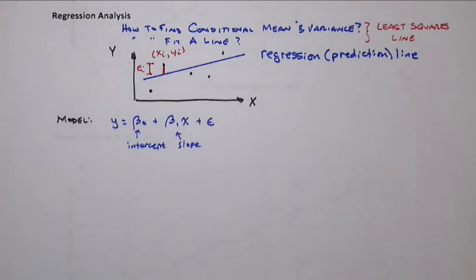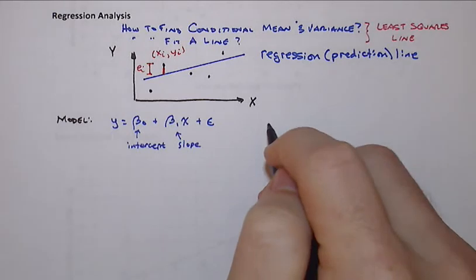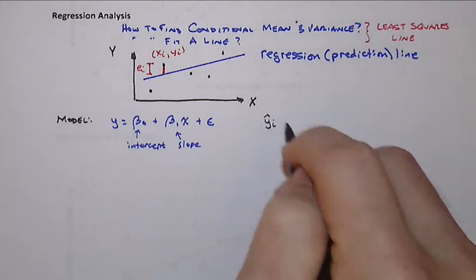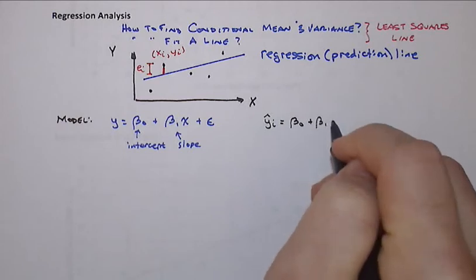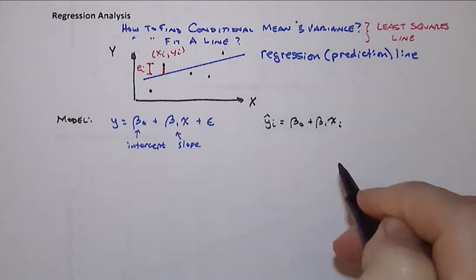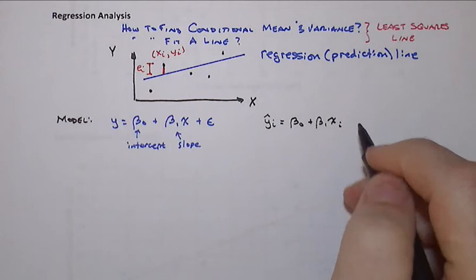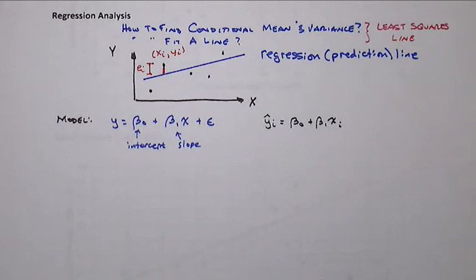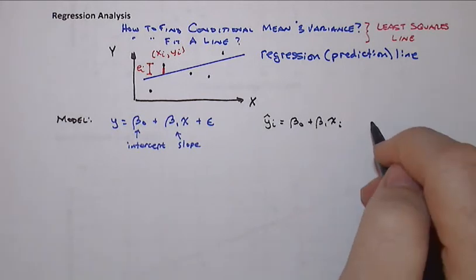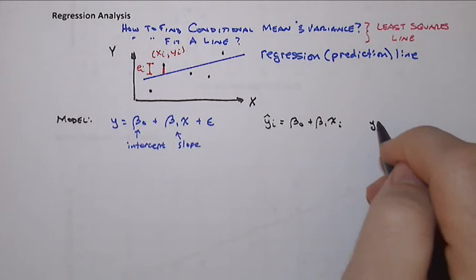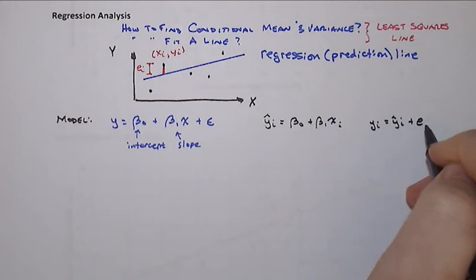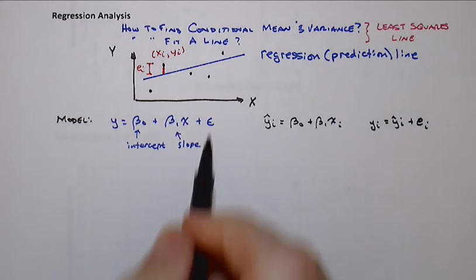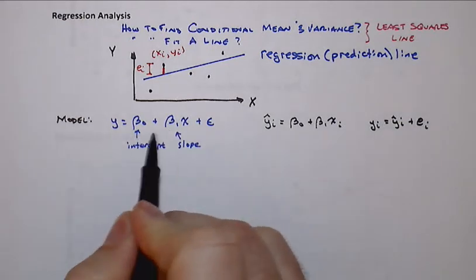The predicted value will be beta naught plus beta 1 times x i, and then for a specific one, the error is associated in that manner. So this is the theoretical side over here, our model.